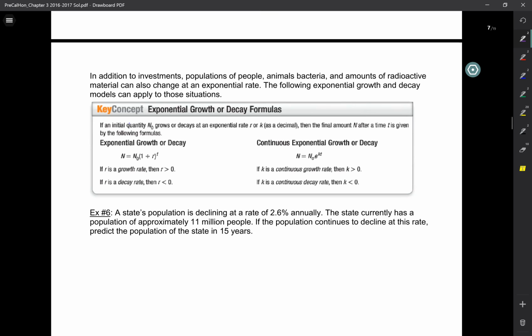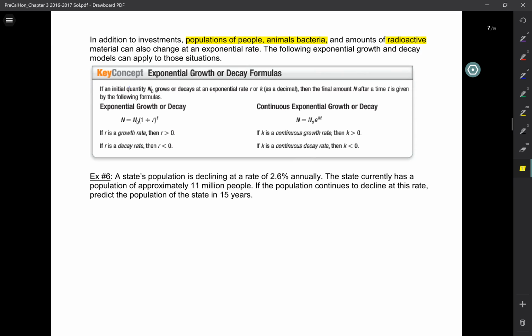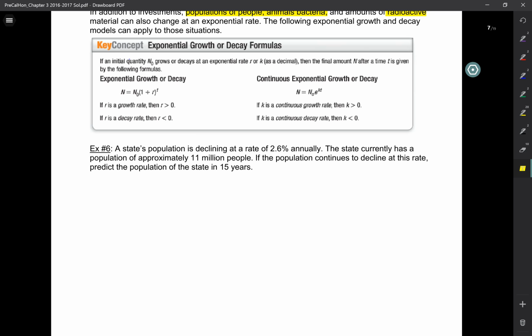Okay. In addition to investments, populations of people, animals, bacteria, and amounts of radioactive decay can also change at an exponential rate. Here are a few models. So we have one formula here, N equals N naught, 1 plus r to the t. Okay, so what is N naught? This symbol, where you have a subscript of 0, is called naught.